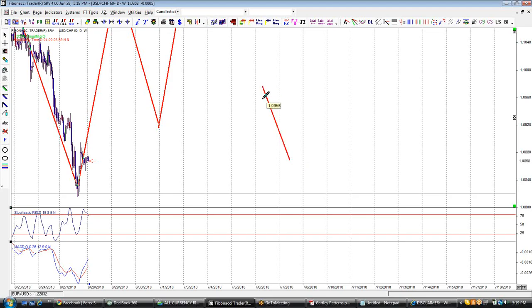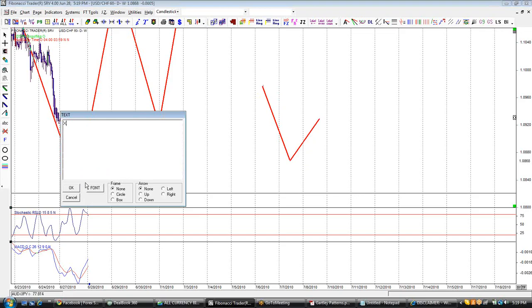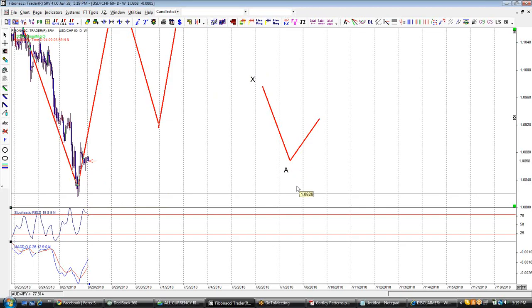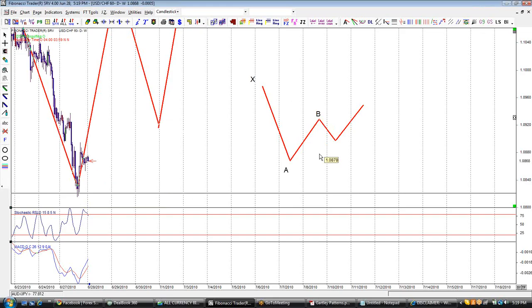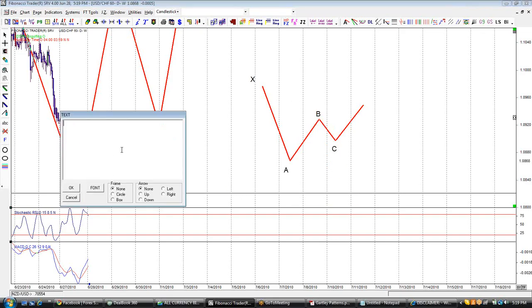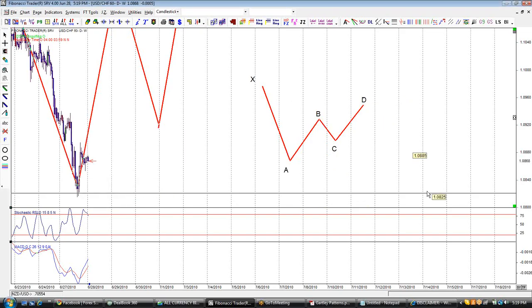In trading Gartley, what we have is, first we have main swing, and this main swing we usually call XA, and then we have a sub swing where we have A, B, C, and D.